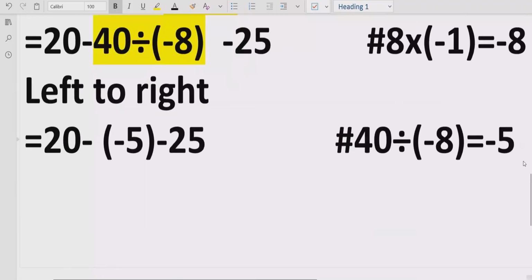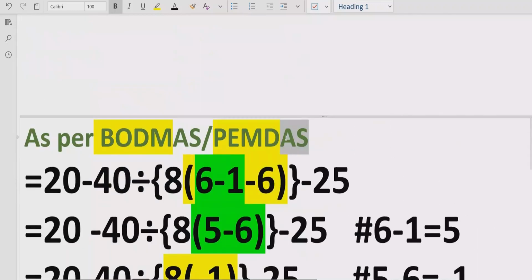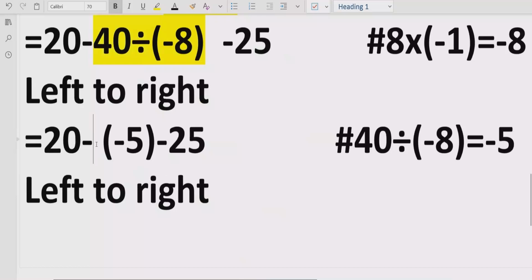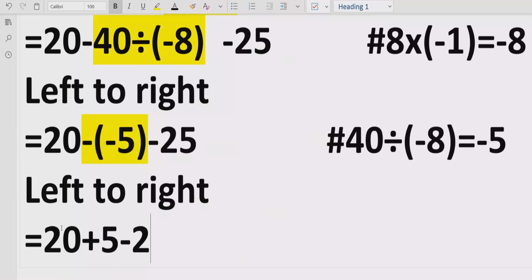Now we have solved this term. Now we have to go for addition and subtraction. Because we have solved all the division and multiplication, now we have to solve the addition and subtraction. So now we have here one bracket which is minus 5 and outside we have the minus. So we will basically solve this one, like 20 minus minus 5 becomes plus 5, minus 25.